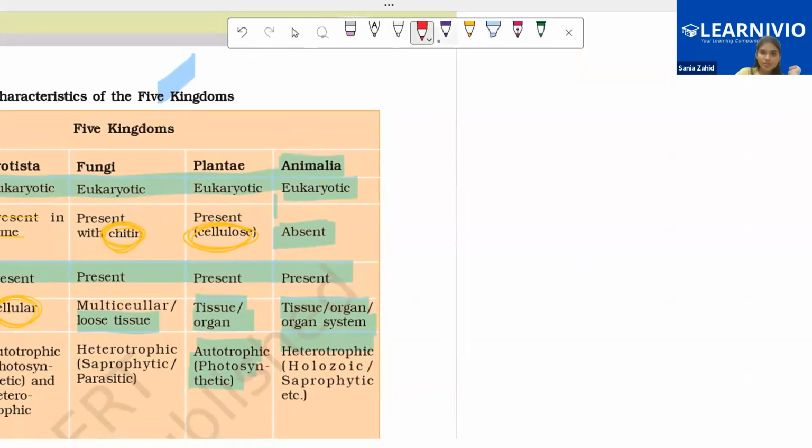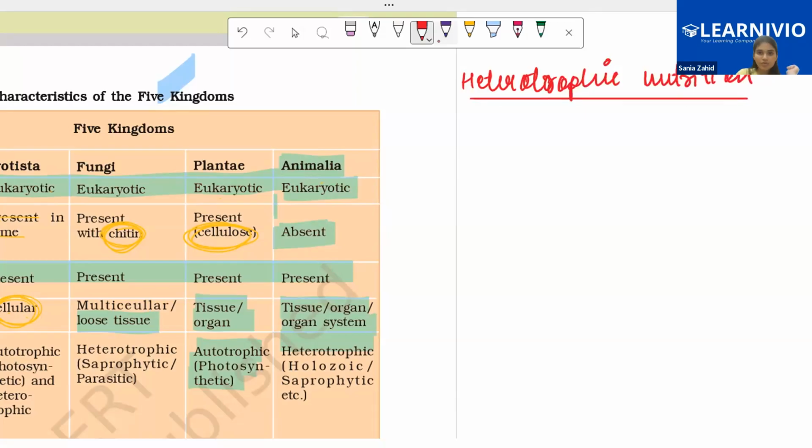The heterotrophic nutrition can be of various types.